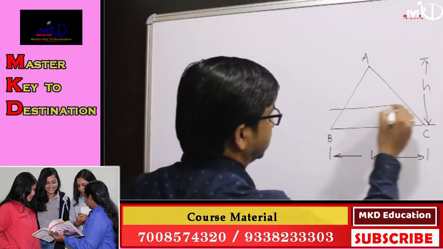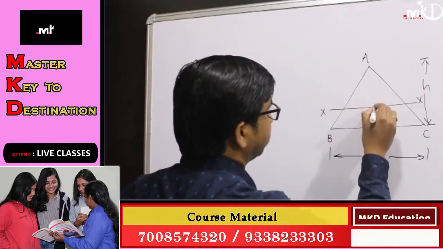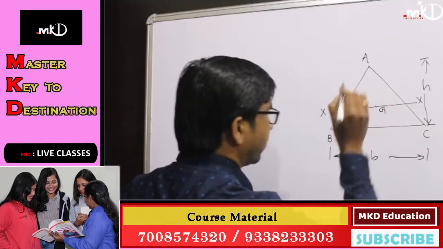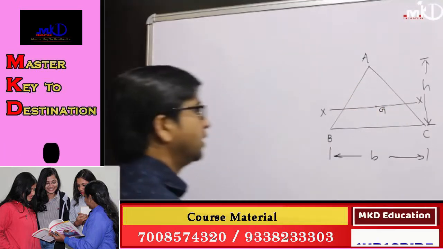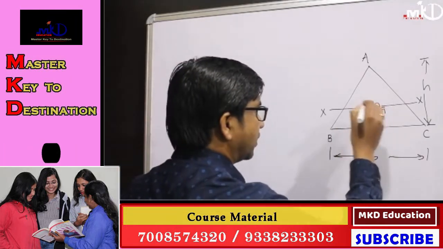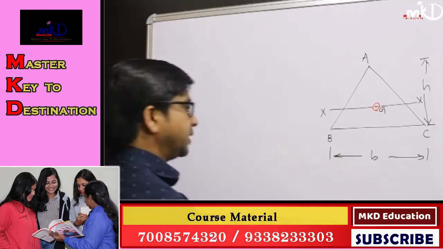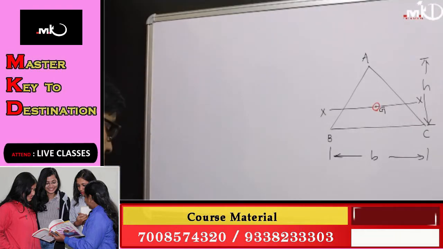Let this be your axis x, which is your centroidal axis, that means it passes through its centroid. Let G be the centroid of the triangle. So friends, we will find MI about x axis.